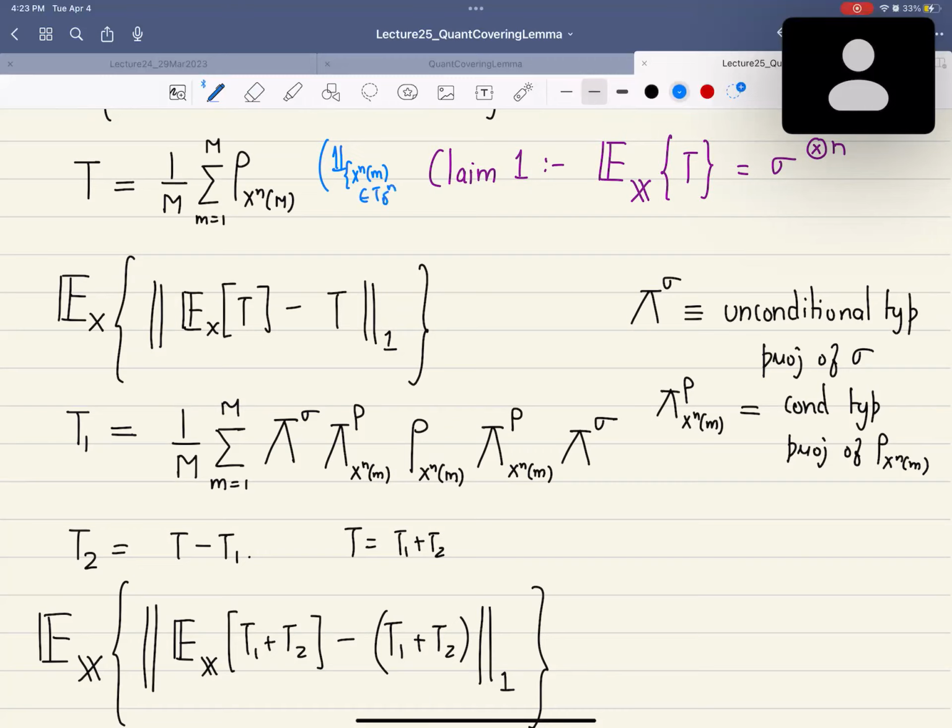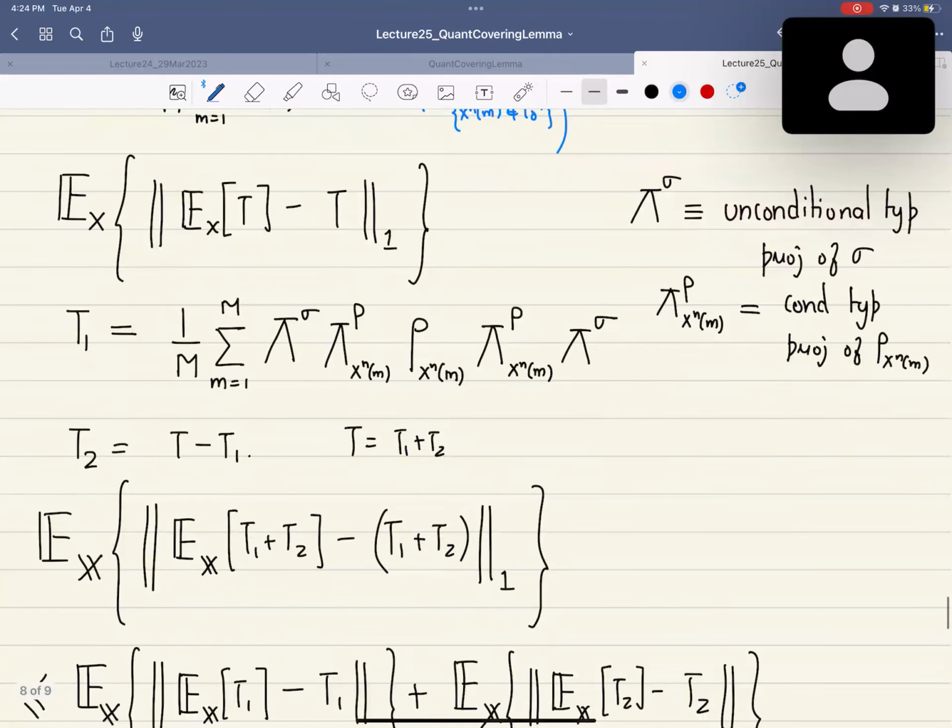So you get two terms. And the second term, the one that doesn't belong, you can show that term is very small. So you can also do it like this. I think this should work.